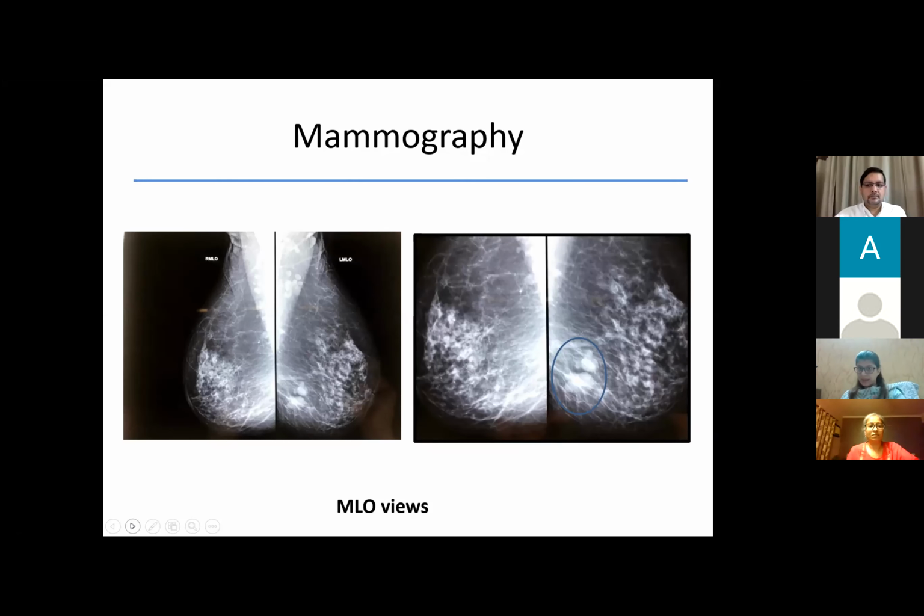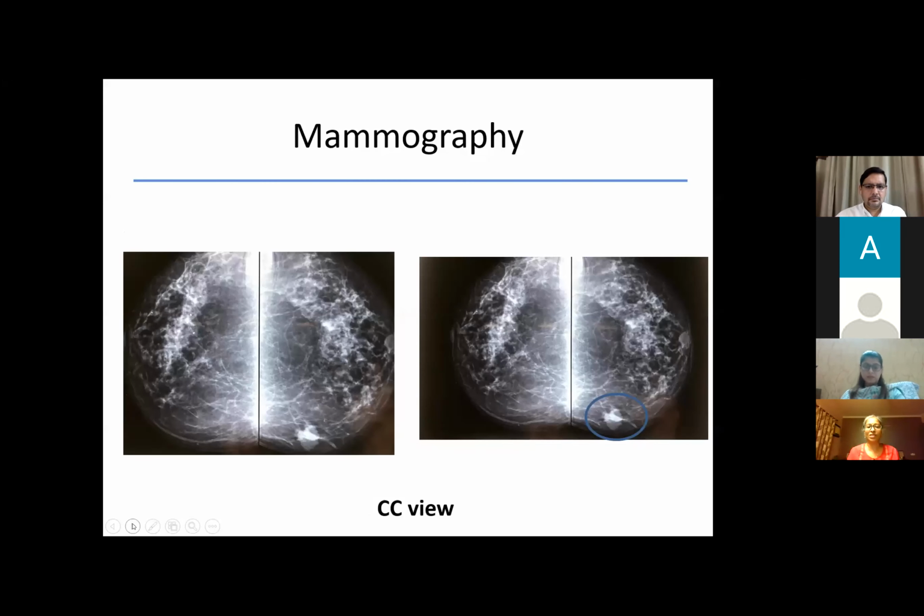There is no associated architectural distortion, but yes, irregular masses in a postmenopausal lady. Can I have the CC view? Yes, I will show you the CC view as well. This is the CC view. Here the 2 masses have superimposed, but in the CC zoomed in view, we can see some angular margins, though the margins are circumscribed, they are somewhat angular. So we would like to go ahead with the tissue diagnosis here.